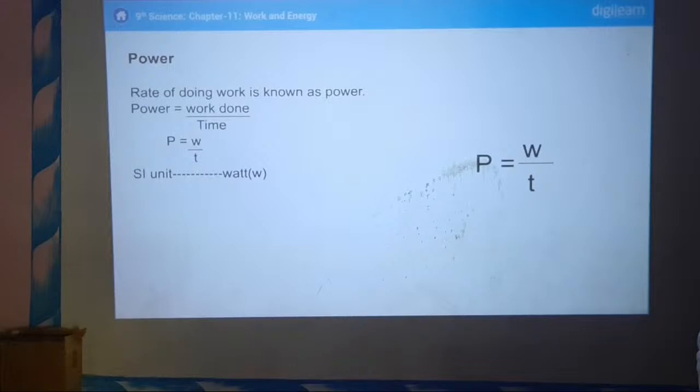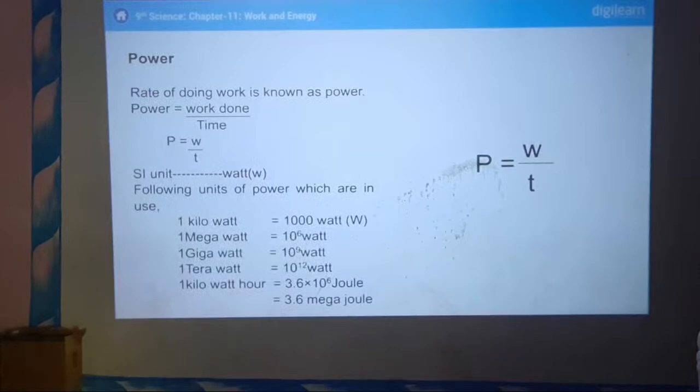SI unit, watt, W. Following units of power are in use. 1 kilowatt equals 1000 watt. 1 megawatt equals 10 to the power of 6 watt. 1 gigawatt equals 10 to the power of 9 watt. 1 terawatt equals 10 to the power of 12 watt. 1 kilowatt hour equals 3.6 into 10 to the power of 6 joule equals 3.6 megajoule.